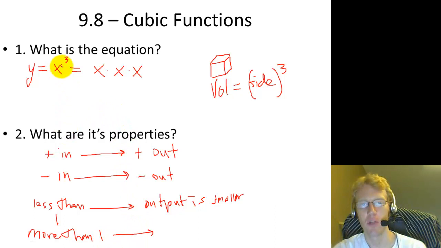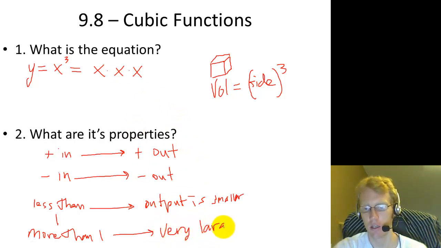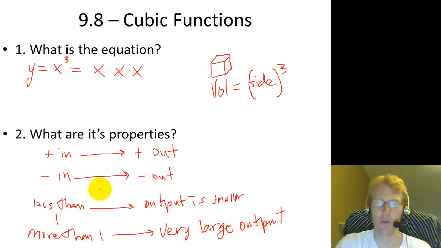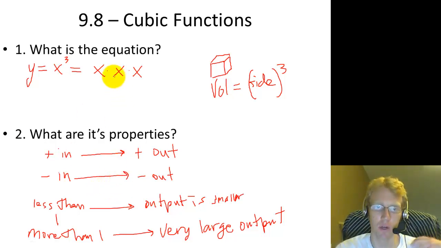So if you put in a 2, 2 to the third power is already 8. If you put in a 3, 3 to the third power is 27. So the numbers are going to get very big very fast. So your output is going to get very large very quickly. So these are just some general ideas, by no means comprehensive, about what a cubic function is. And the input will be taken to the third power to get the output.